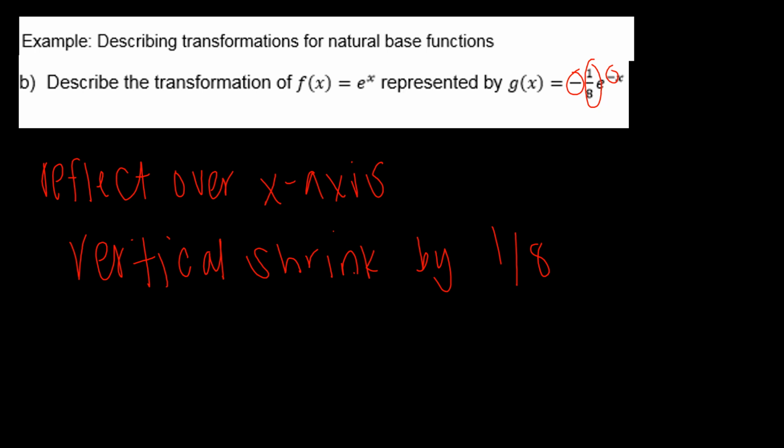All right, and then the last thing we have is the negative attached to the x. So again, negative is reflection. And then since it's attached to the x, that is your horizontal. So remember, take your pencil and flip it horizontally. And we know that when we do that, we're flipping over the y-axis.